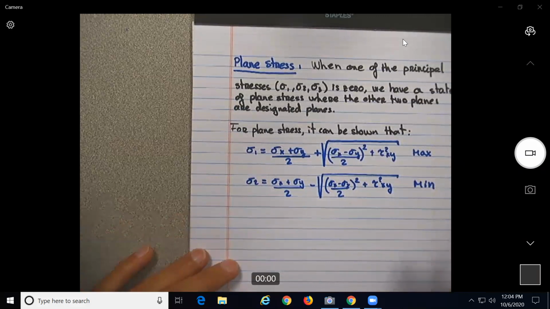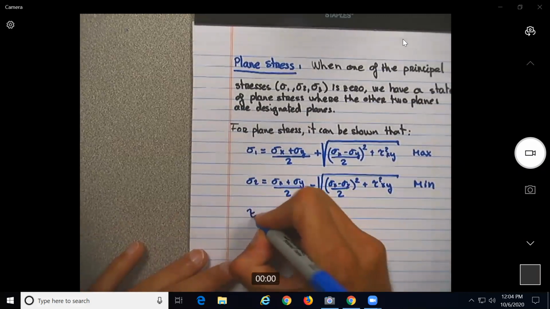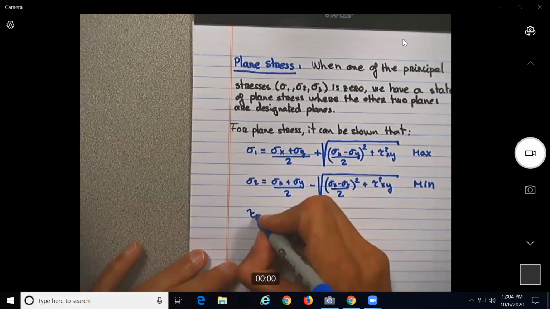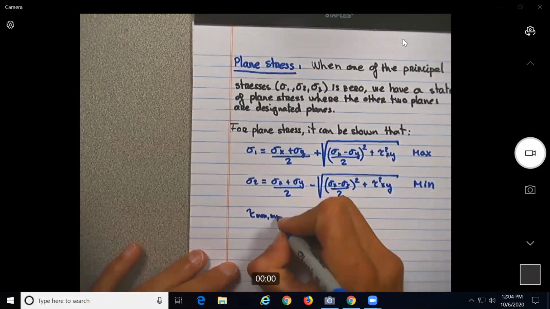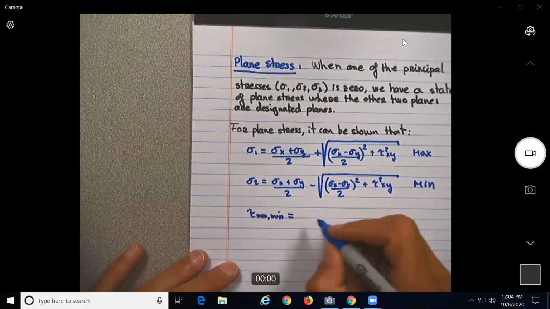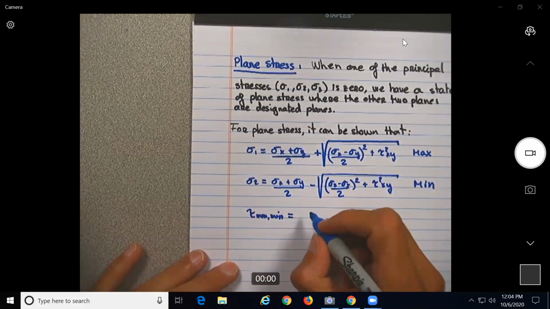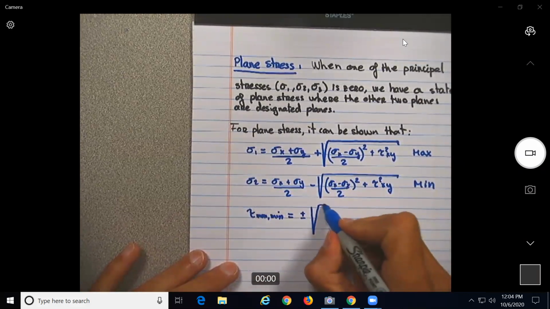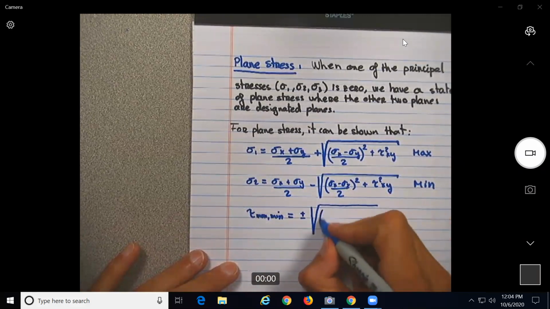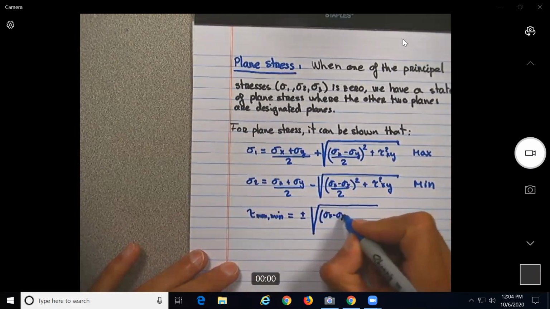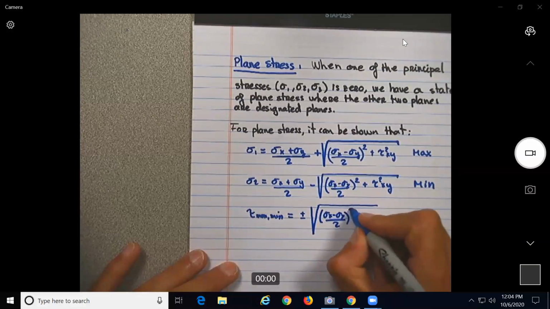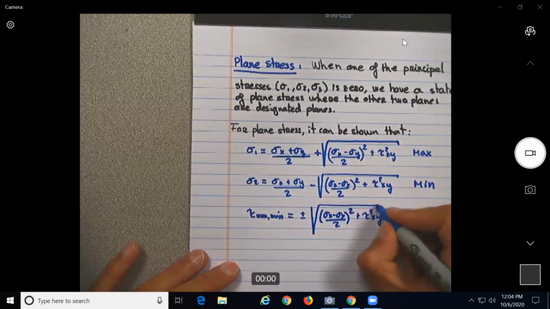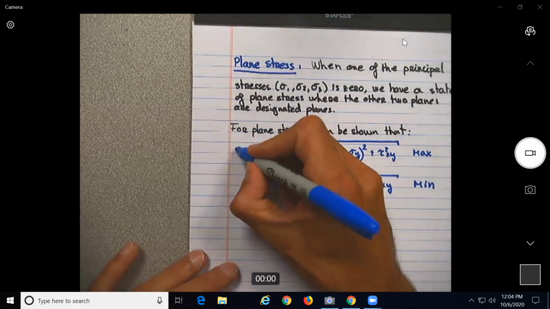Okay, and then if you want, there is the maximum shear theory. So it would be principal stresses. For maximum shear theory, you can find that max, min, I'm going to combine it this time, would be equal to plus minus... so these are principal stresses.